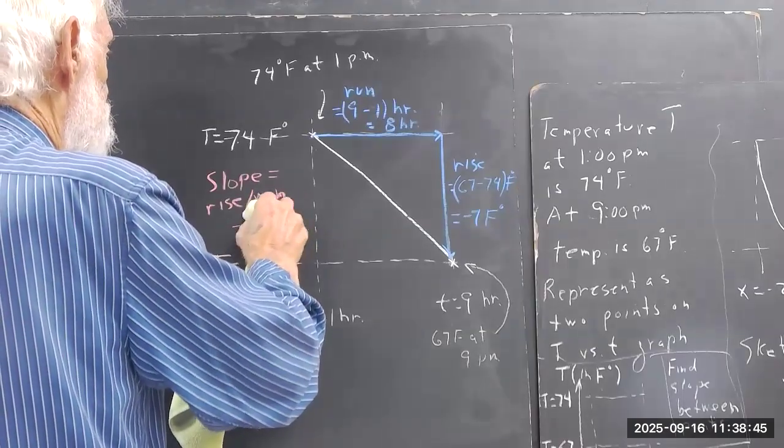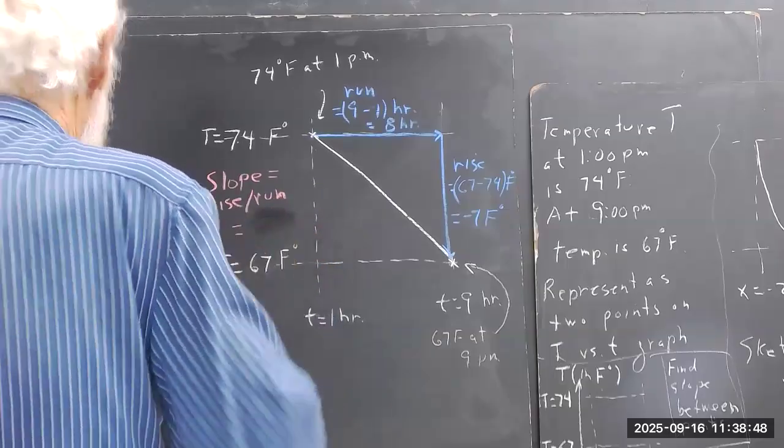That's the wrong thing to write because that's not the rise. The rise is -7 Fahrenheit.